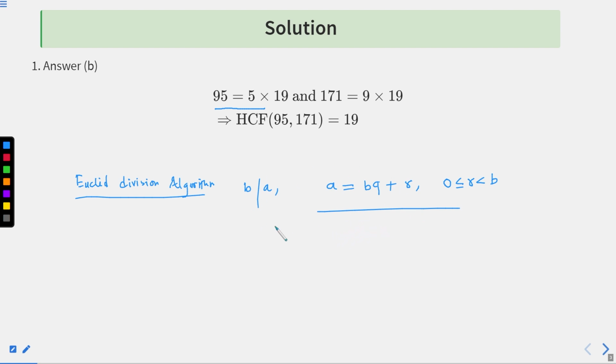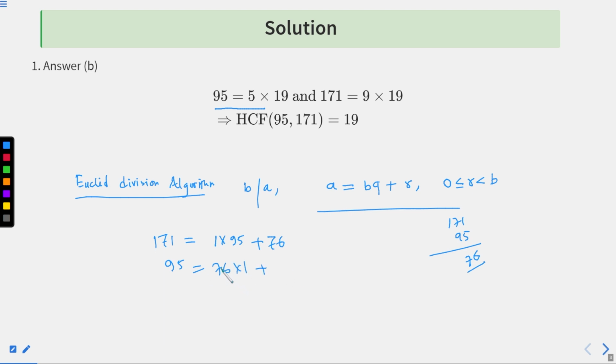If we use this algorithm, then we can write 171 is equal to 1 into 95 plus the remainder. The remainder is 171 minus 95, which is 76. So plus 76, and 95 can be written as 76 times 1 plus the remainder.